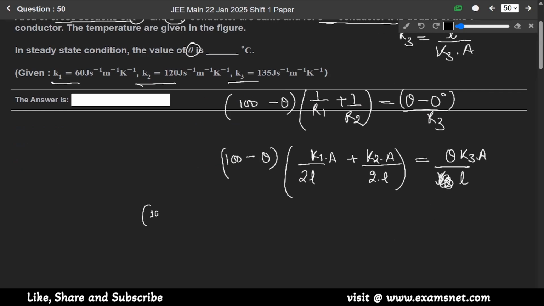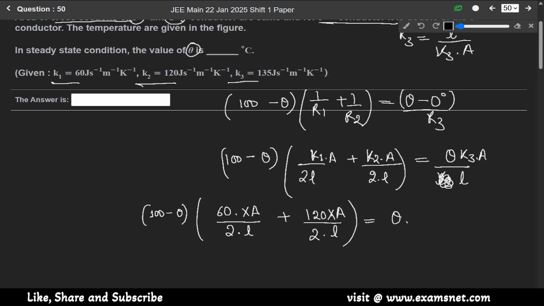So it will be 100 minus theta. K1 is 60 into A over 2 into L plus K2 is 120 into A over 2 into L, and it is equal to theta.